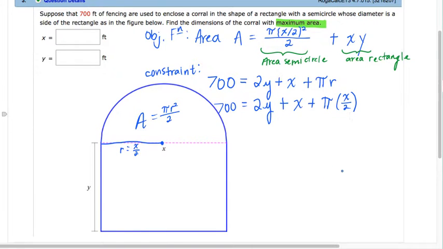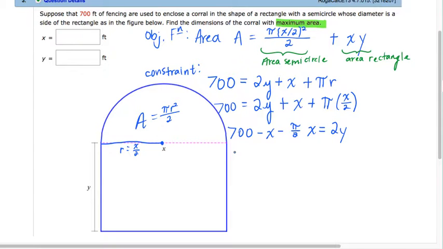And let's solve that for y. I don't want to really solve it for x because I've got this mess up here. I think it'll be simpler to plug in y right there. So let's solve this for y. Okay, so we've got 700 minus x minus pi over 2 x equals 2y.